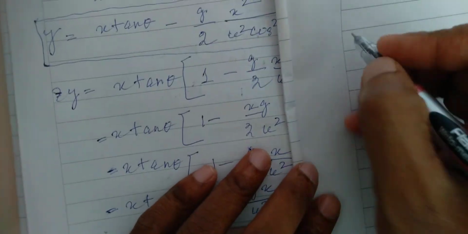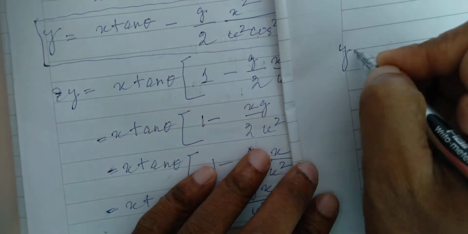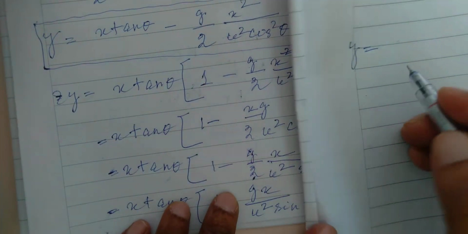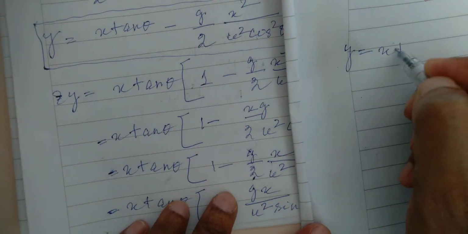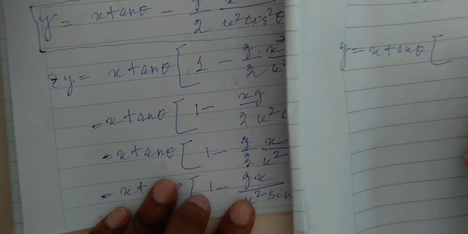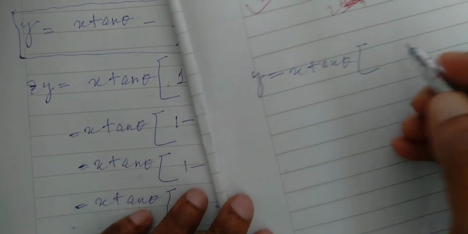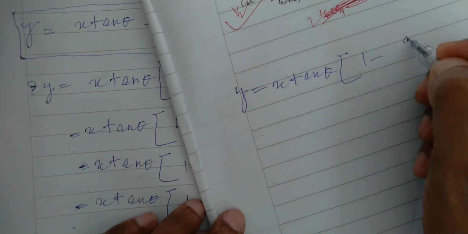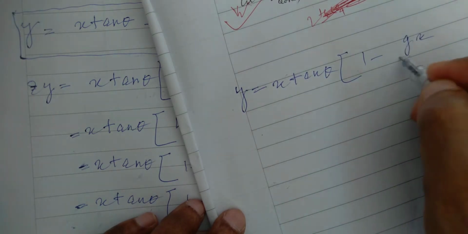Okay, so let me write the equation again. So y is equal to x tan theta whole into 1 minus g x by u square sin 2 theta.